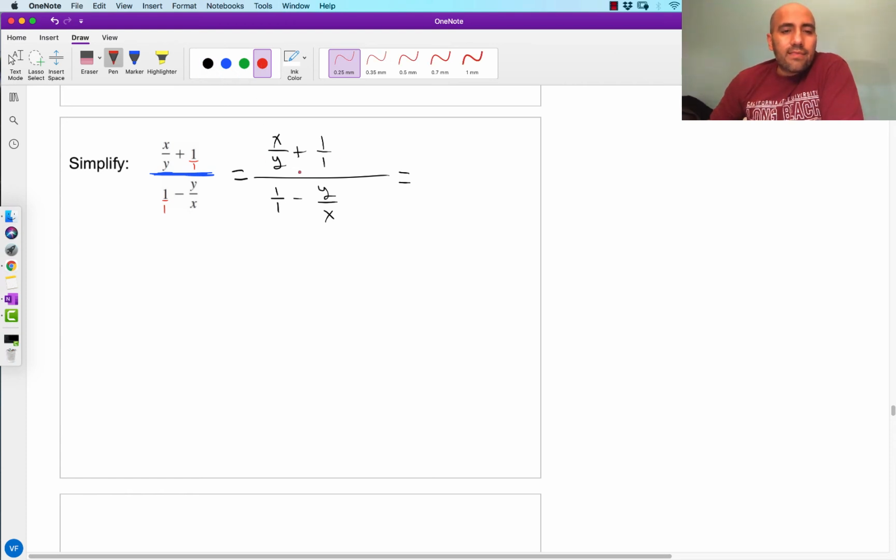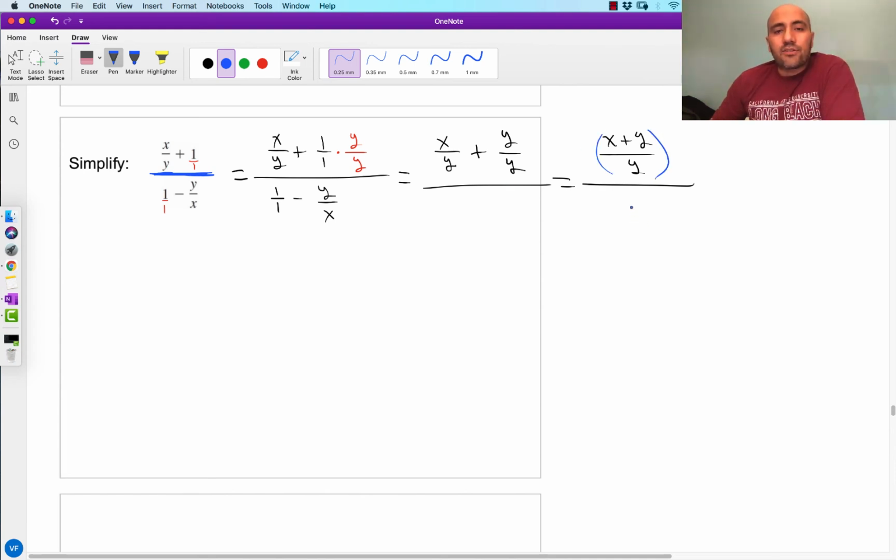How do I combine these into one single fraction? I need a common denominator. Well, that's going to be the y, right? So I'm going to multiply this fraction by y over y, and that'll give me two fractions that have the same denominator. x over y plus y over y, just thinking about the numerator. So that combines into x plus y over y. So I've accomplished my goal of rewriting the numerator as a single fraction.